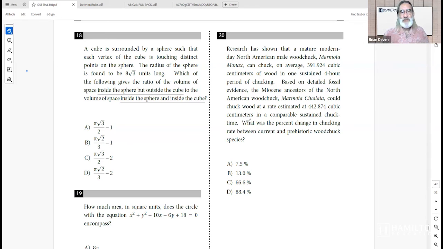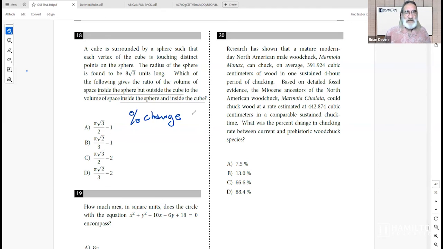And I want to know, well, the question wants to know, what was the percent change in chucking rate between current and prehistoric species? Now, I'm going to use what's called the percent change formula.